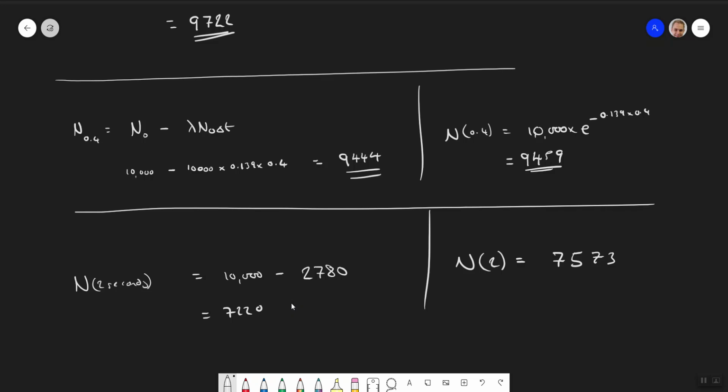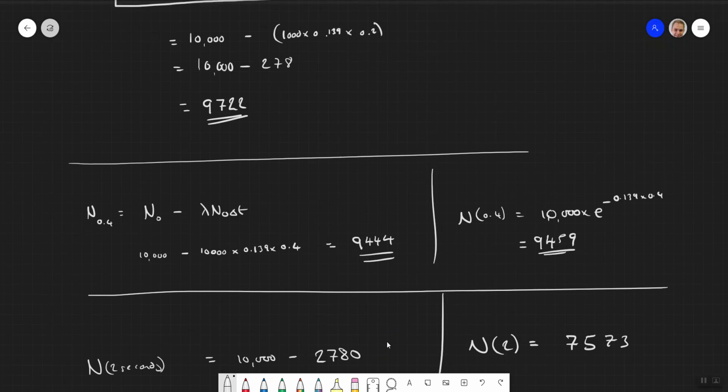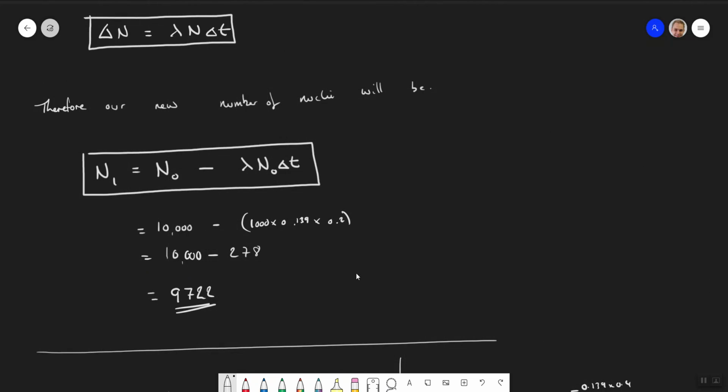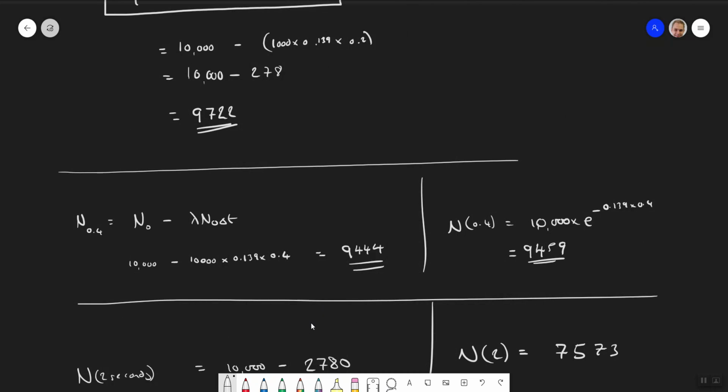We're wrong by about 5%. So this is starting to become less helpful. This is because it assumes that throughout the entire 2 seconds we had a constant decay, which we wouldn't have. So we end up overestimating how many have decayed. Although it was fine up to here, it then starts being less useful.